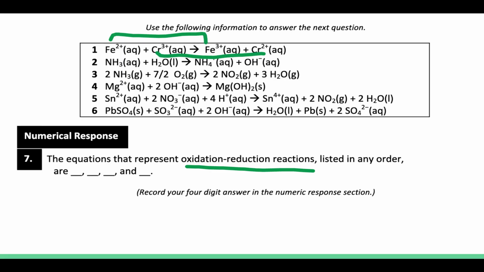Because one thing is losing, the other is gaining, that is a redox reaction. So number 1 would be. Now, if you look at number 2 and you assign your oxidation numbers, you'd see that nothing is changing, and so we wouldn't include it. So as we look at our oxidation numbers, or just those charges like we did in number 1, you see your answer here is 1, 3, 5, 6.